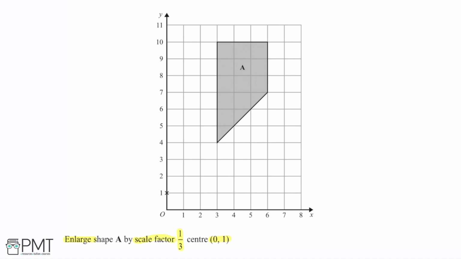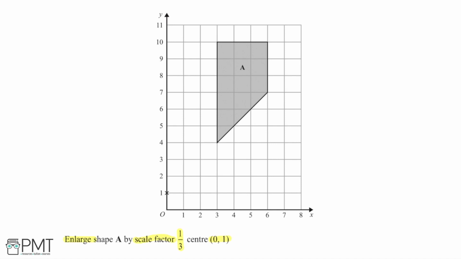Now we're enlarging this shape by a scale factor of a third, and a third is less than 1. So in a sense here, we're going to be shrinking the size of the shape. The shape is going to end up smaller than it was originally because the scale factor is less than 1. So we're going to be looking for a smaller shape.